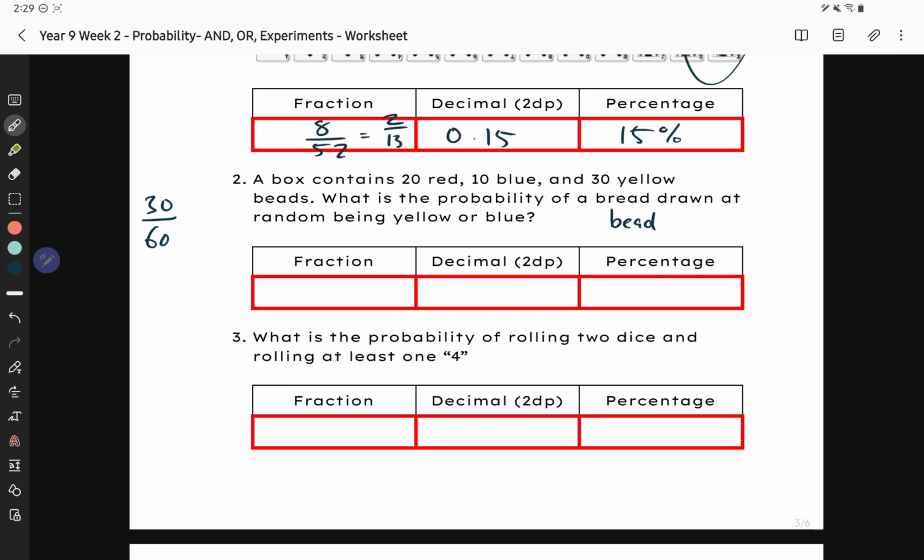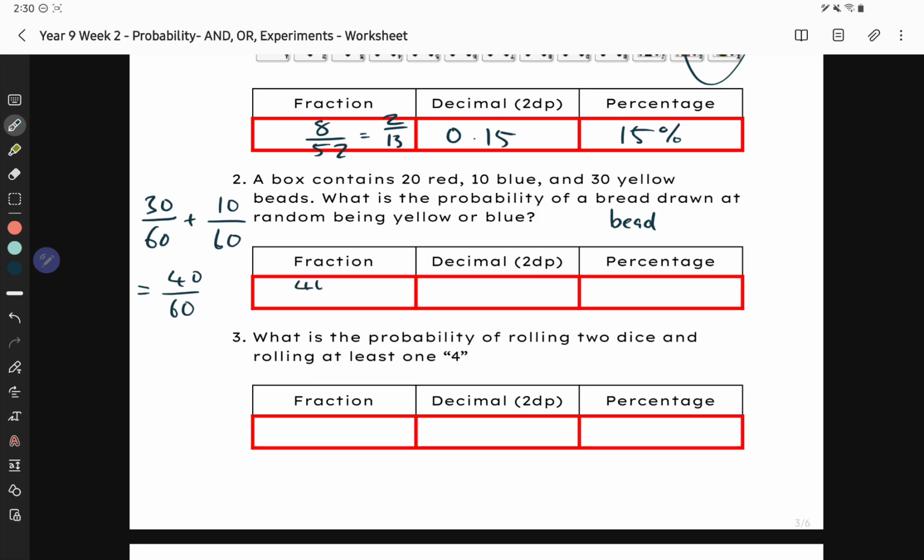Okay, the probability of blue is plus 10 over 60. Right? So there we go. That equals 40 over 60. Remember, when we're adding fractions and the bottom denominator is the same, 60 and 60, we can just add the top bit and we're good.